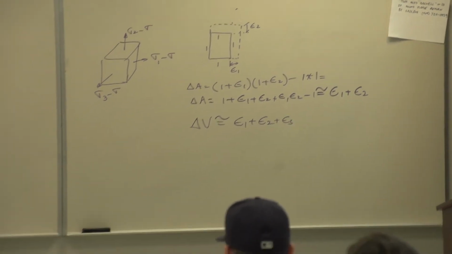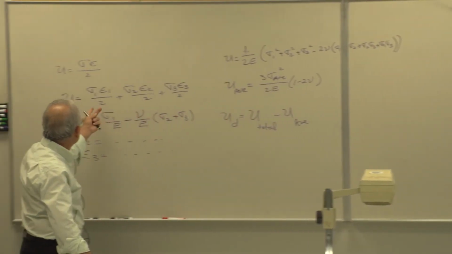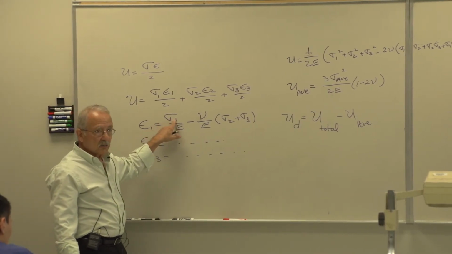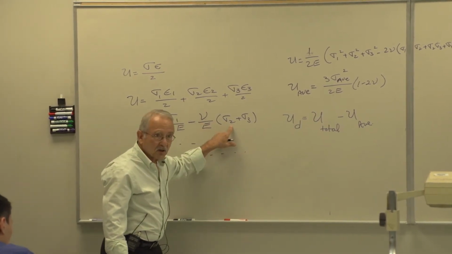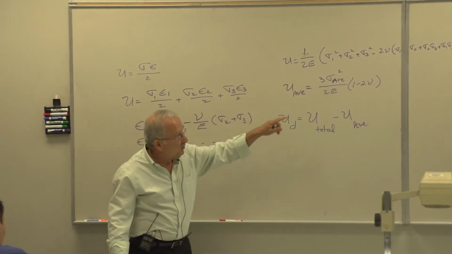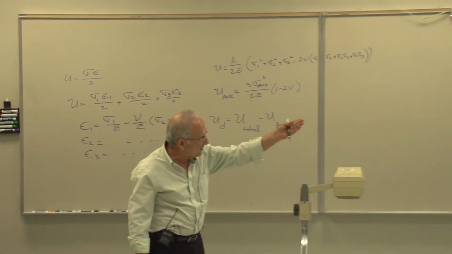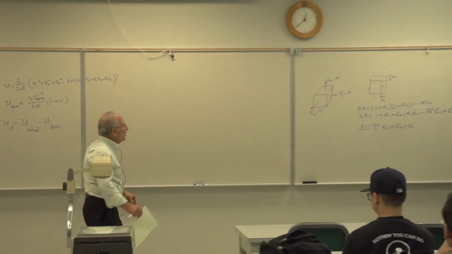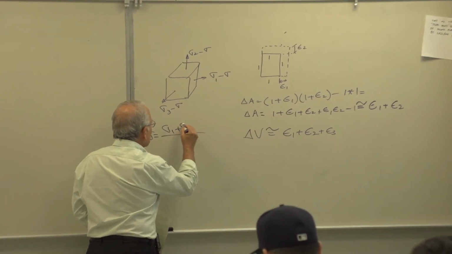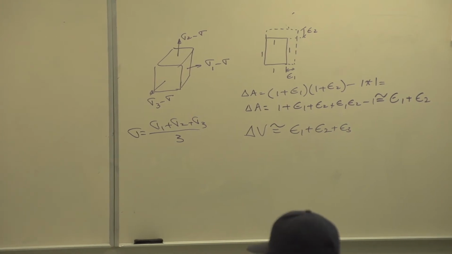What we do is use this equation, except that this is sigma 1 minus sigma, that's sigma 2 minus sigma, that's sigma 3 minus sigma. Put them into there, find epsilon 1, find epsilon 2, find epsilon 3, add them up, set them equal to 0, and prove that sigma must be equal to sigma 1 plus sigma 2 plus sigma 3 over 3. So that you do as a homework problem.